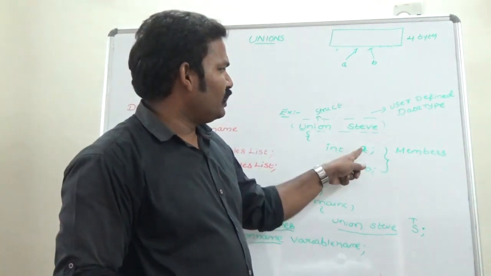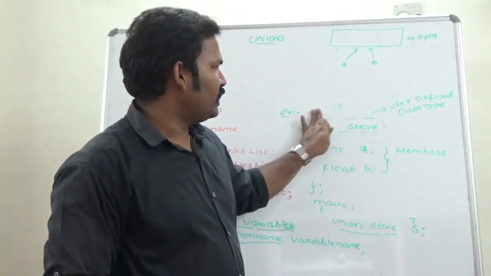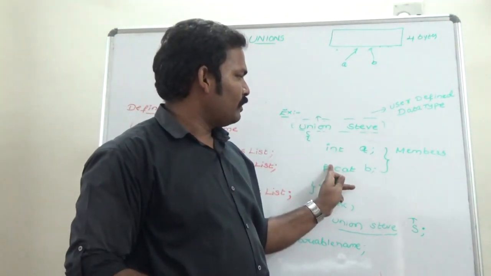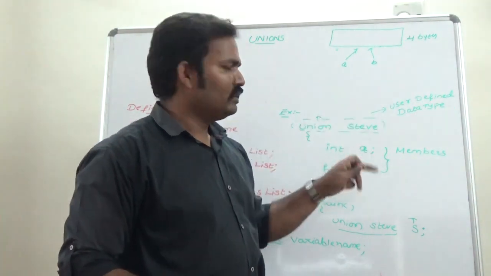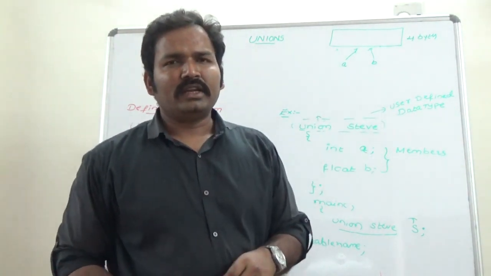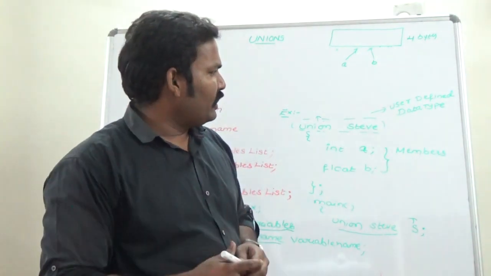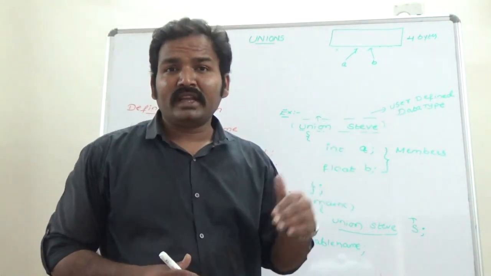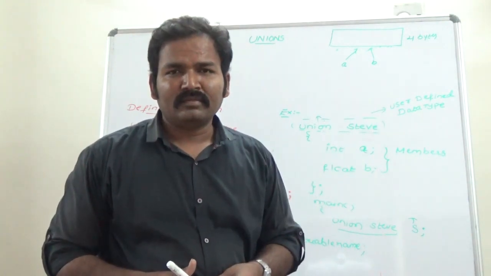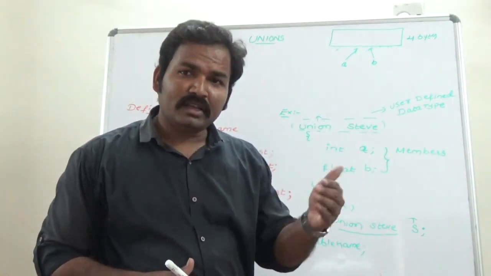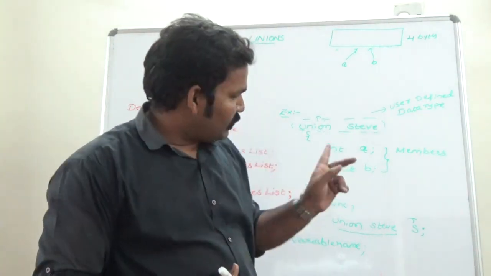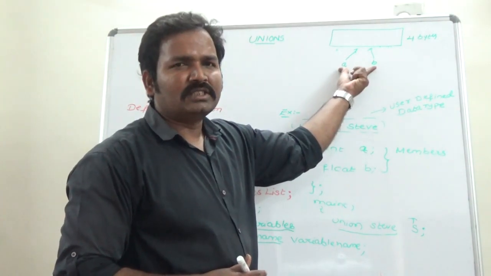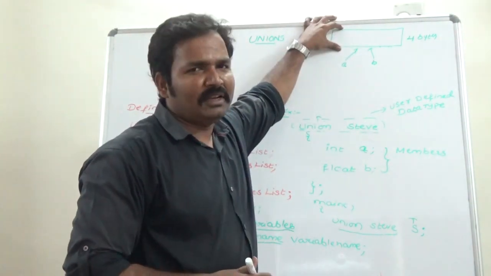For union members, the largest member's memory is allocated. And one more pointer: in a structure, each member utilizes its own memory, but in a union, all members share common memory.